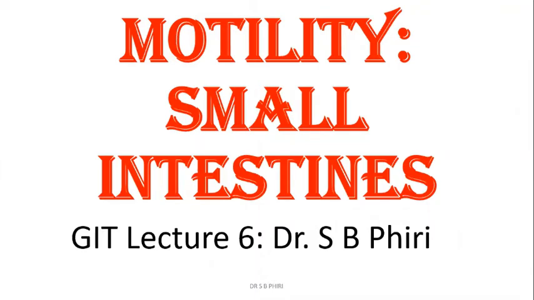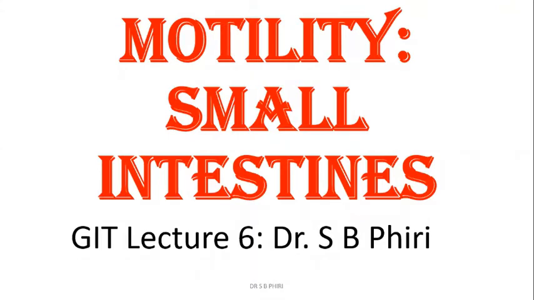Then once the bolus moves into the stomach, mechanical contraction brings about mechanical breaking down of the bolus, mixing it with gastric secretions. Then it will initiate the digestion of proteins, because in the stomach, as we said, you find a lot of pepsin, and pepsin is produced by the chief cells as pepsinogen.